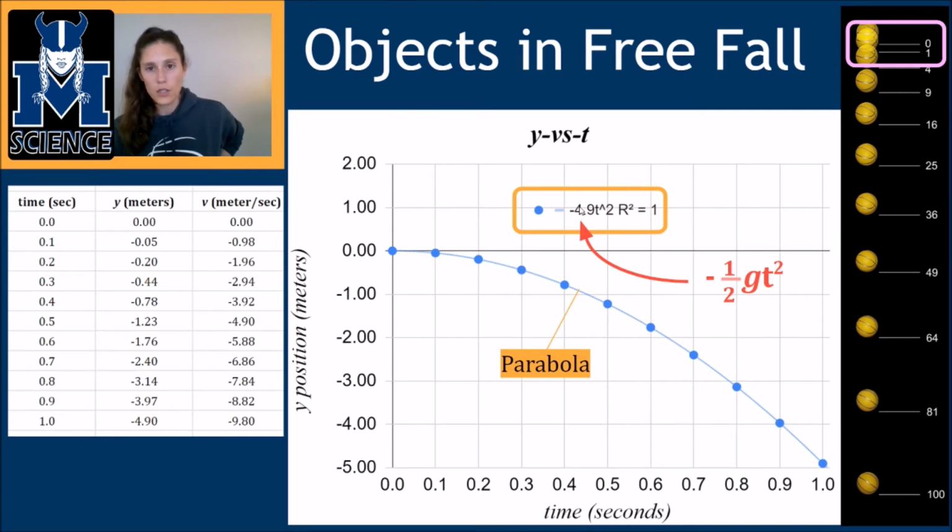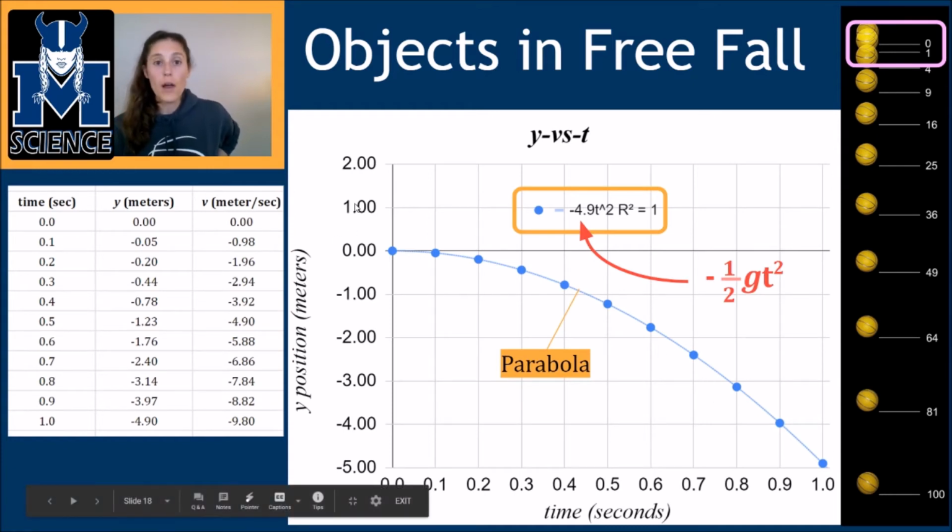So that's showing that here we've experimentally confirmed that the object has a constant acceleration, negative 9.8 meters per second squared. So that value for g that we would find if we set negative 1/2 g equal to negative 4.9, we would get 9.8 for g. So you can experimentally determine that value too.